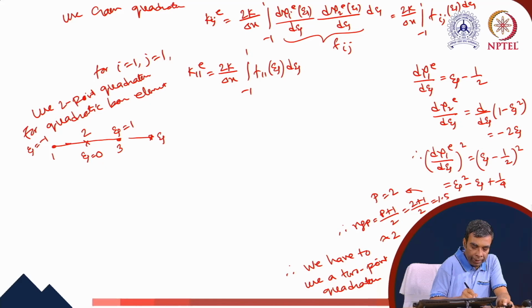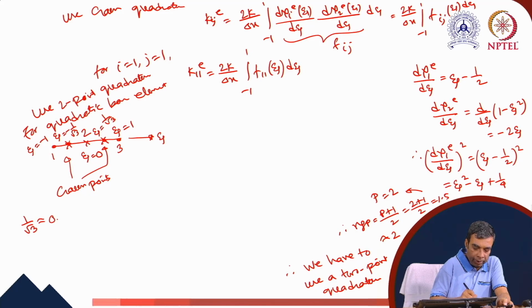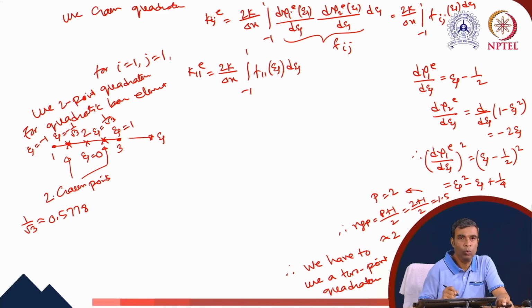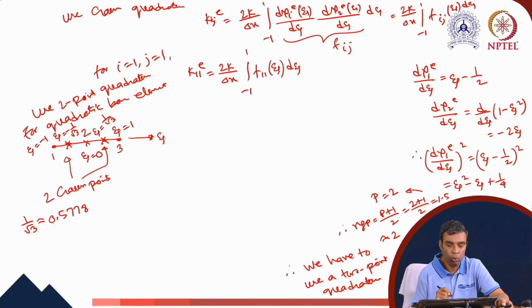Our integration points, these are our integration points or Gauss points, whose coordinates are xi equals minus 1 by root 3 and xi equals 1 by root 3. So 1 by root 3, we take as 0.5778. So we have 2-point quadrature or 2 Gauss points.